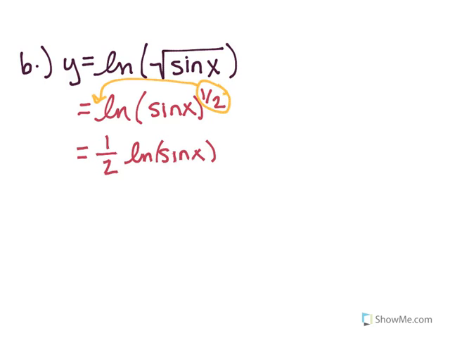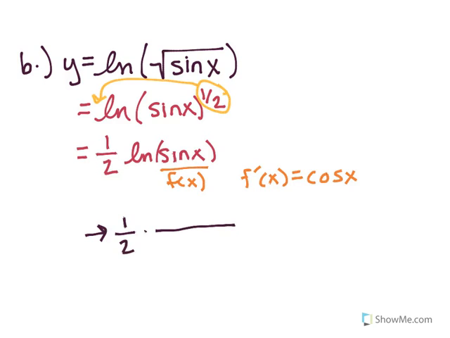So we're going to go ahead and find our f of x, which is this part right here, and we're going to find its derivative. So f prime of x, the derivative of sine is simply cosine, and the 1/2 is just going to follow along. So what we're going to do all together is I'm going to bring down my 1/2, and then I'm going to multiply it by the fraction that I'm supposed to get for my ln of a function.